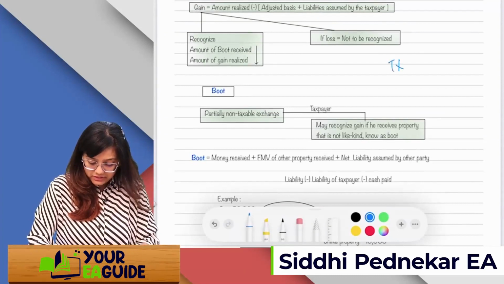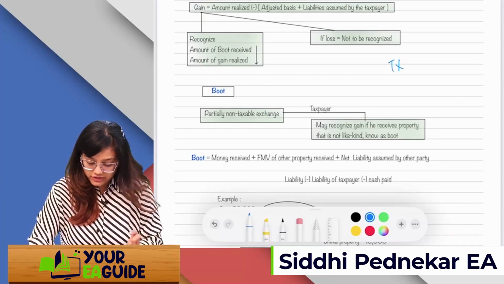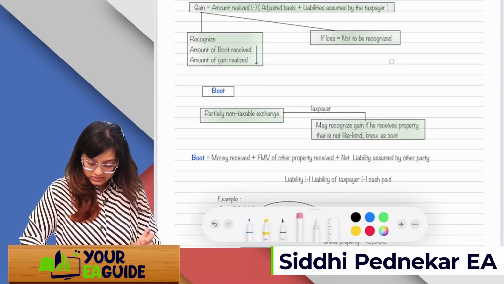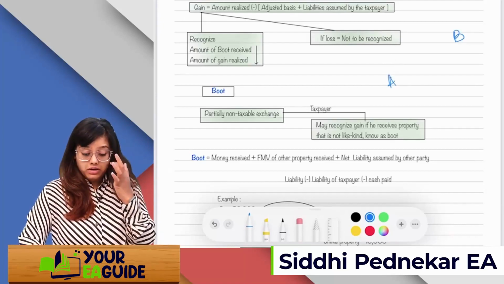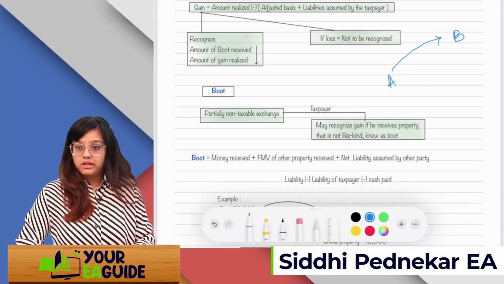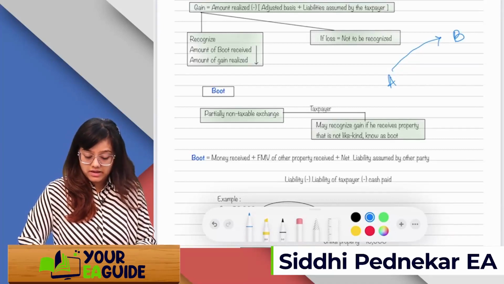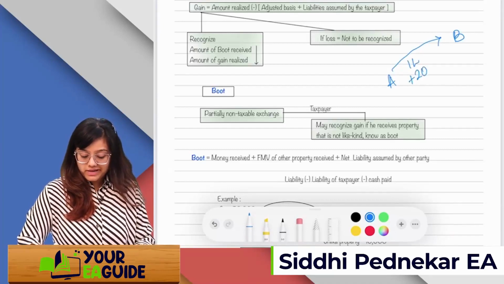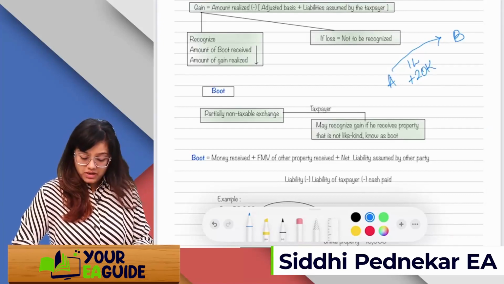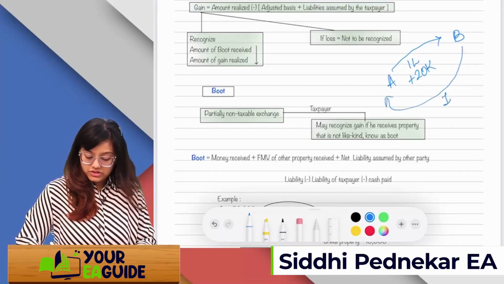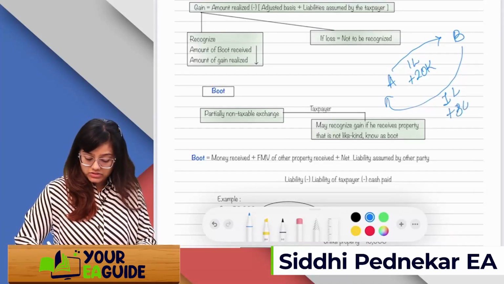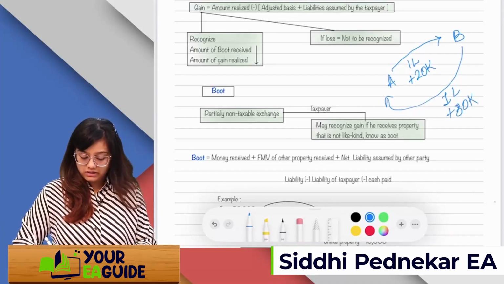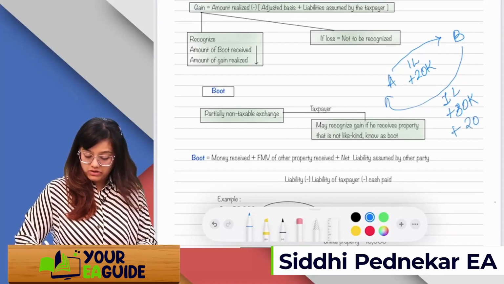If a taxpayer is there, for example, there are two people, person A and person B. If person A is providing a property, a building for example, having 1 lakh of cost plus 20,000 of mortgage attached. B is transferring a property which is having 1 lakh plus, I can say, 30,000 mortgage on that, plus B is also providing money of 20,000.